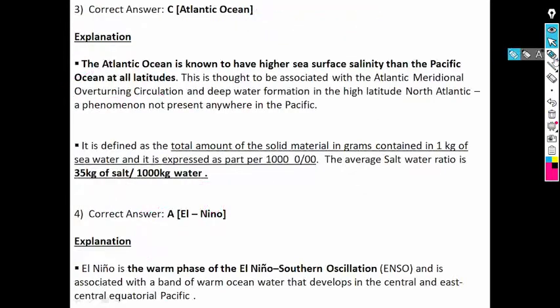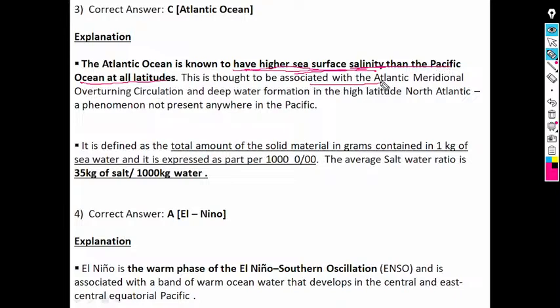The Atlantic Ocean is known to have a higher sea surface salinity than the Pacific Ocean at all latitudes.